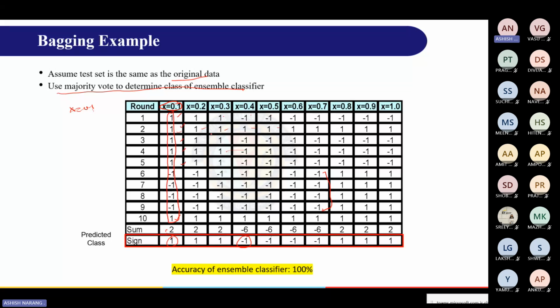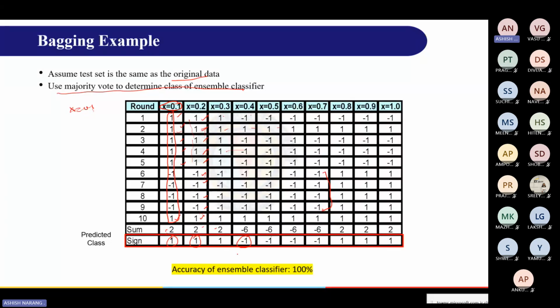You get 6 ones and 4 -1s, so obviously class 1 wins. Because the classes are 1 and -1, they take a sum: where the sum is positive, it will be one class; where the sum is negative, it will be the negative class.